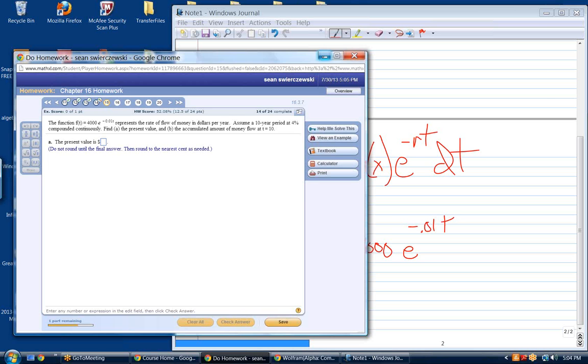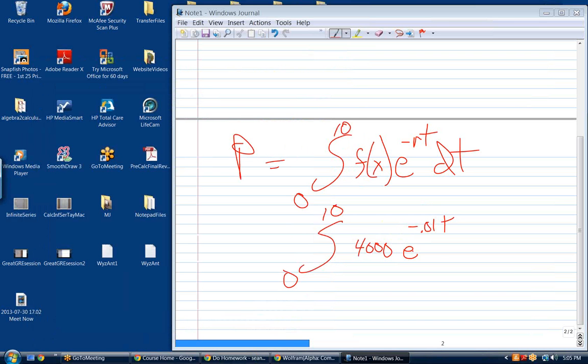So what we have then is that's our function, and we need to multiply it by e to the minus 0.04 t dt. Right?